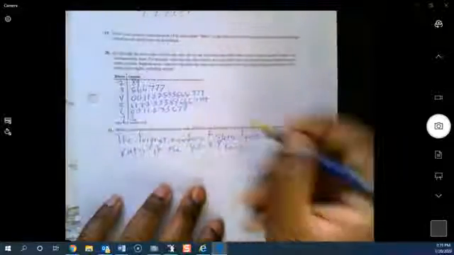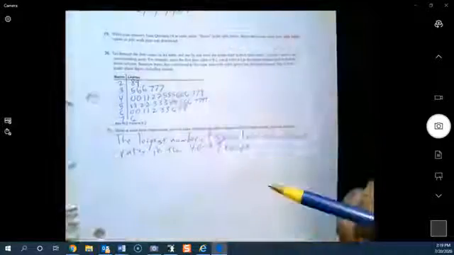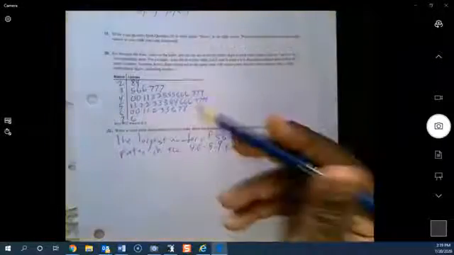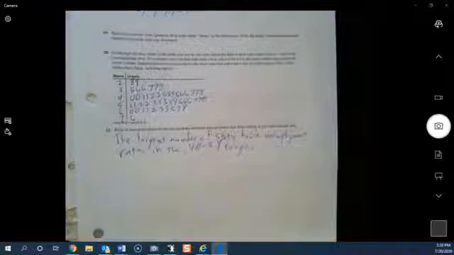Now, what happened was they combined both of these. When you combine both of these, they have much larger values than all the rest. So from 4.0 to 5.9, the largest number of states have that as their unemployment rates.